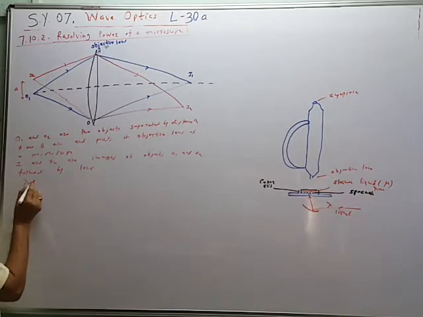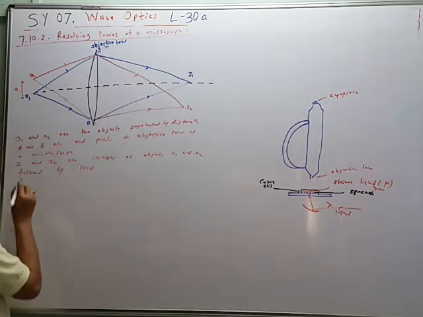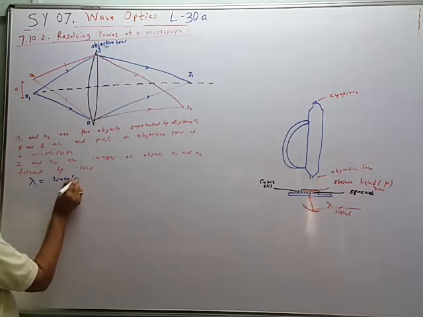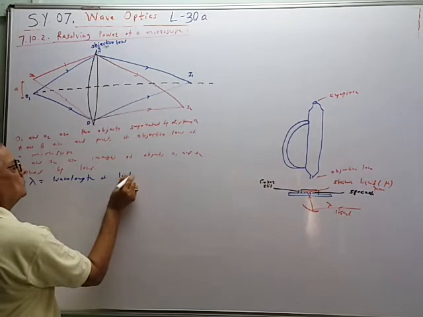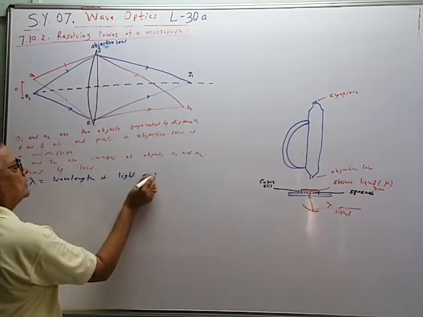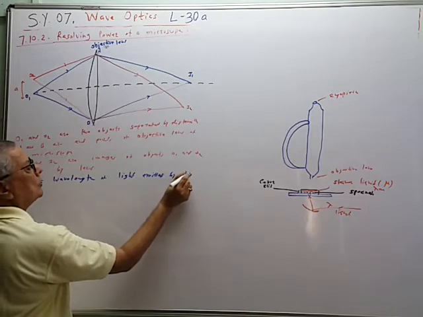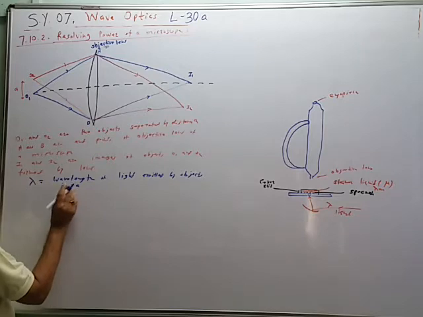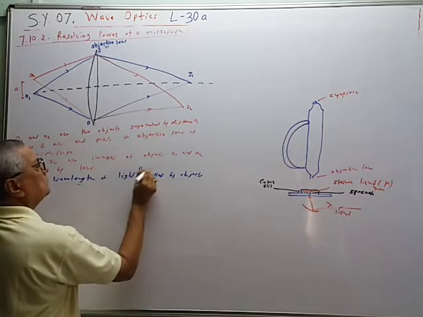Lambda is equal to the wavelength of light emitted by objects, the wavelength of light in air.